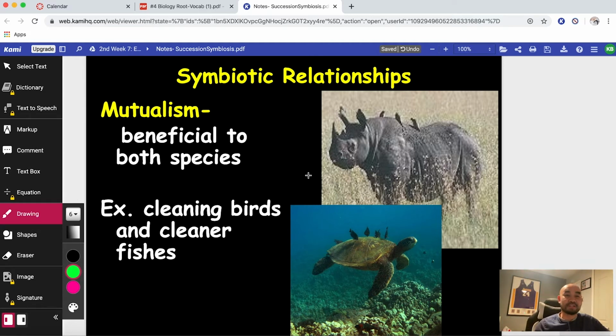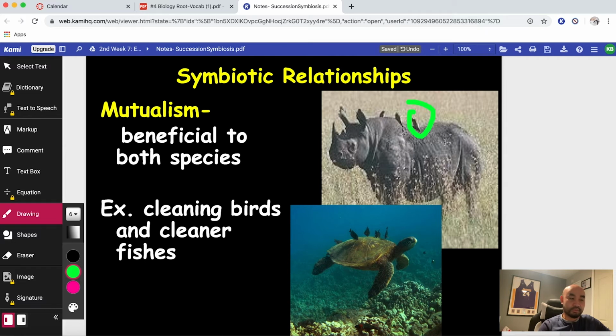A mutualistic relationship. And this is the one where both species benefit, both organisms will benefit. For example, we've seen this before, birds on a rhino's back. So how does a bird benefit? How does a rhino benefit? Yeah, you guessed right.